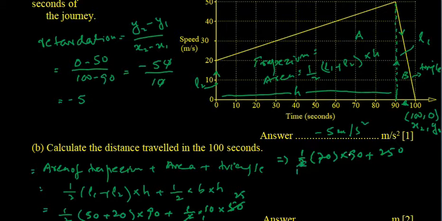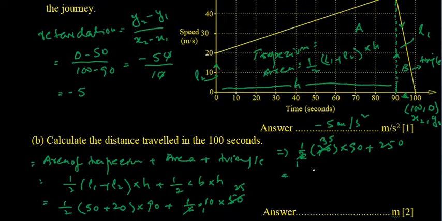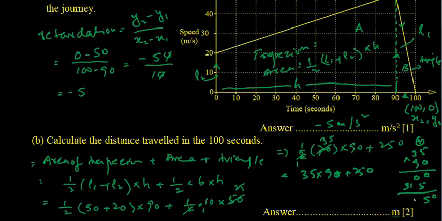It can also be simplified as 70 divided by 2 is 35. So it becomes 35 multiplied by 90 plus 250. 35 multiplied by 90 is 3150.